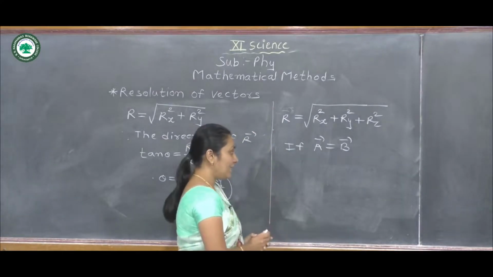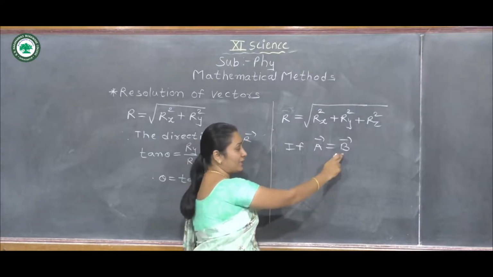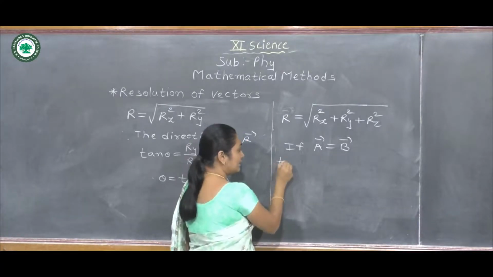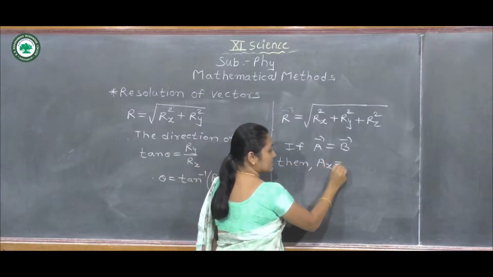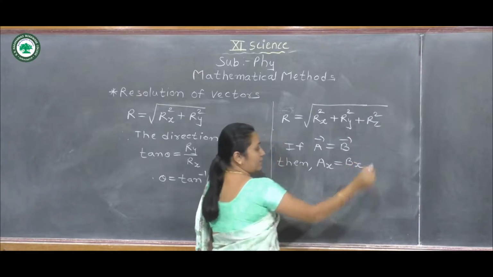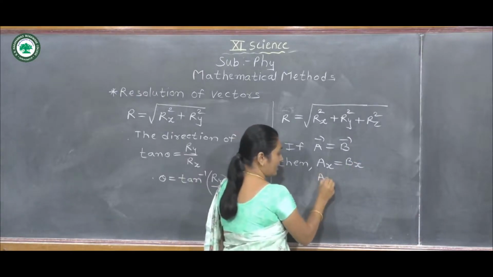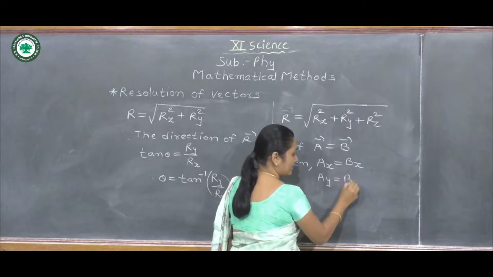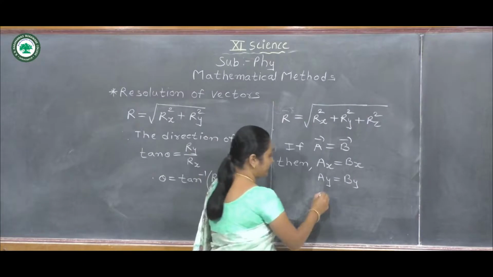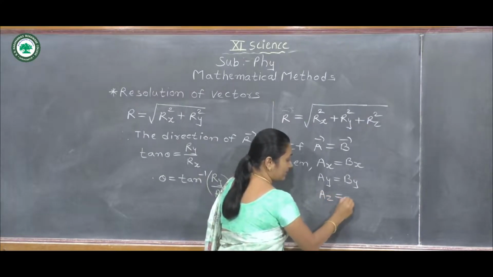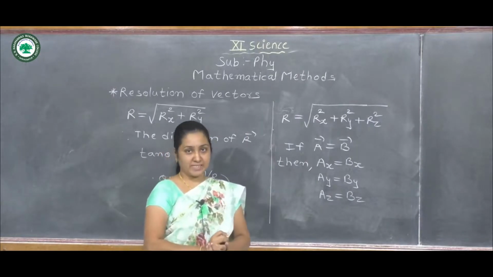So we can write that if vector a bar is equal to vector b bar, then ax is equal to bx, ay is equal to by, and az is equal to bz.